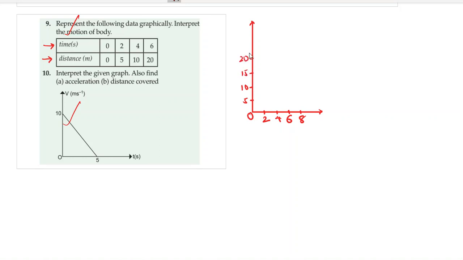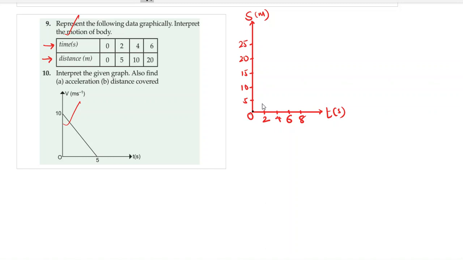So I'm writing 15 also, 20 also, and 25 also, just for the sake. So this is displacement in meters and this is time in seconds, correct? So the first point is 0, 0.